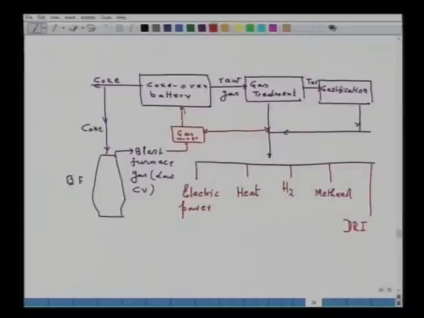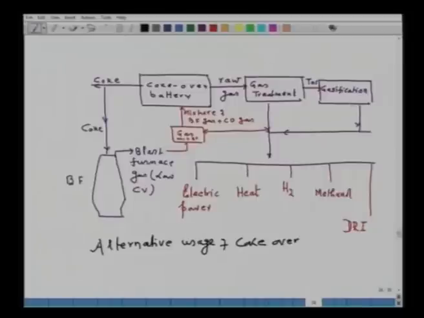So, here a mixture of BF gas plus coke oven gas. So, these are, say, the alternative uses of coke oven gas.